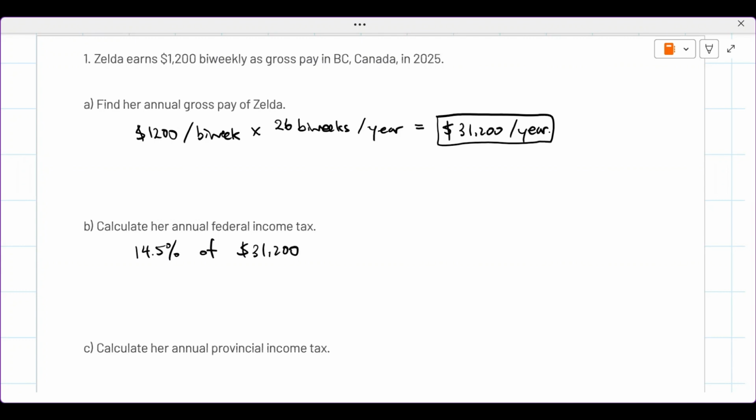We do that because our income is less than the first threshold. So I put that into the calculator: 31200 times 0.145, and it's $4,524. And that's our annual federal income tax.